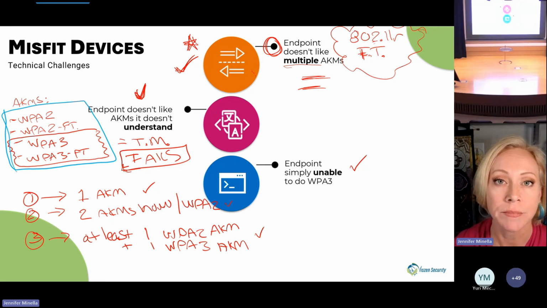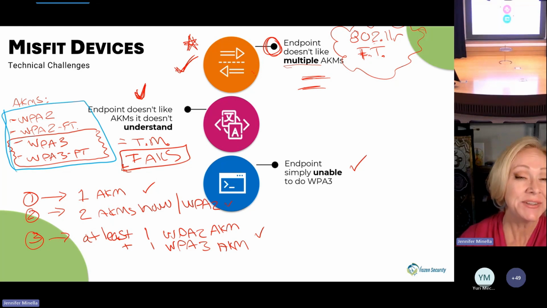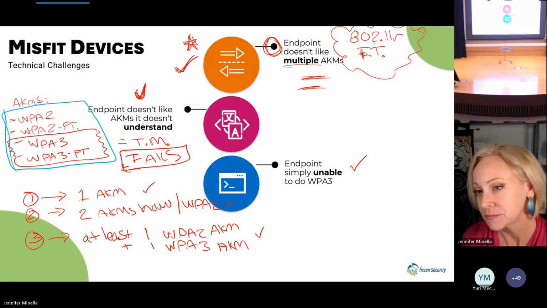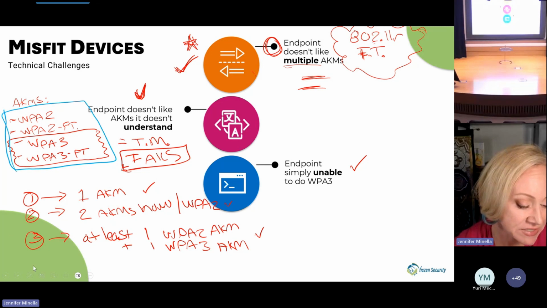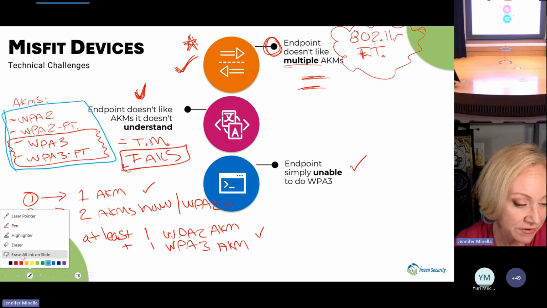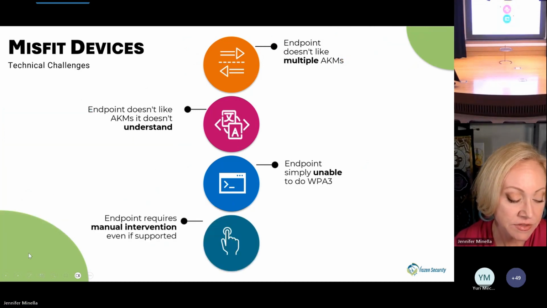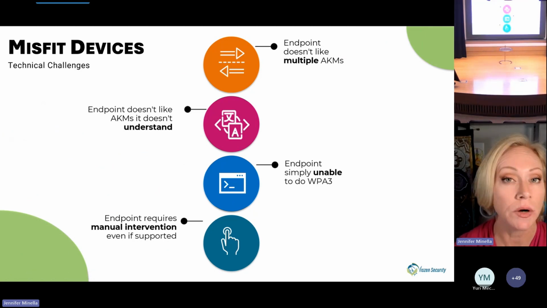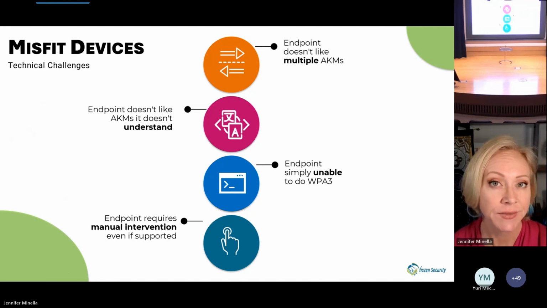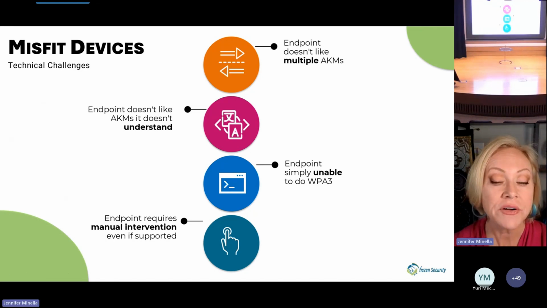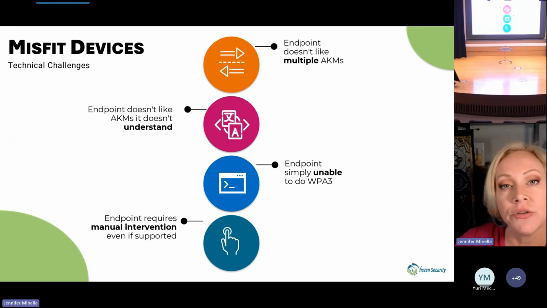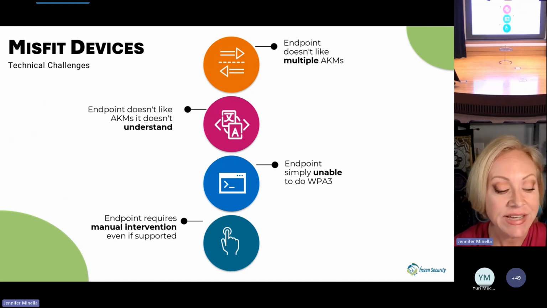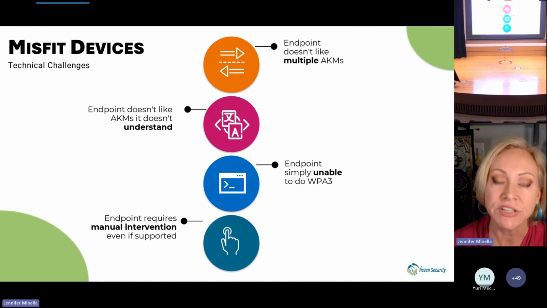Now, there's one other problem, as if this wasn't complicated enough. So let's say we work past all of that. The last issue that we might see, and I'm going to just clear all of this for a second, is that even if an endpoint does support transition mode, whether it's going to connect using WPA2 or 3, it still might require manual intervention.